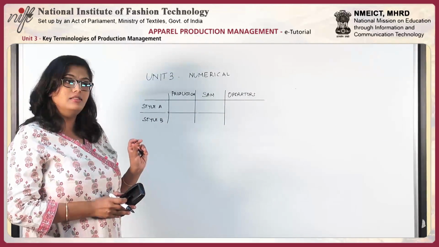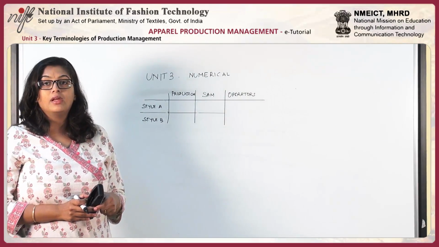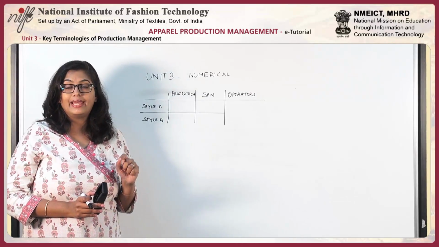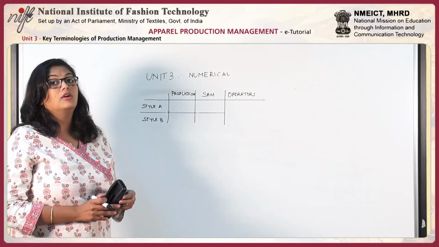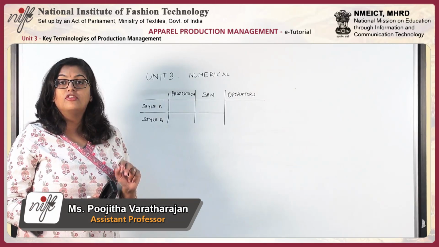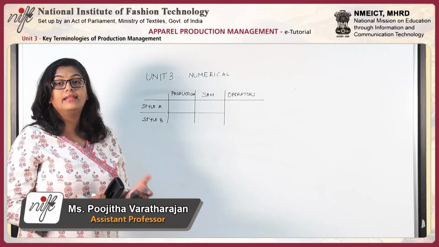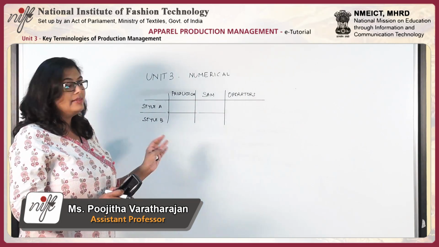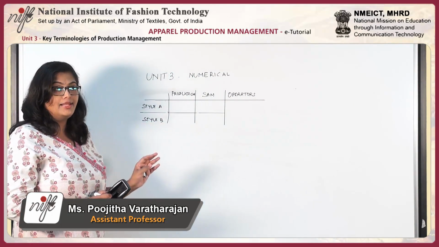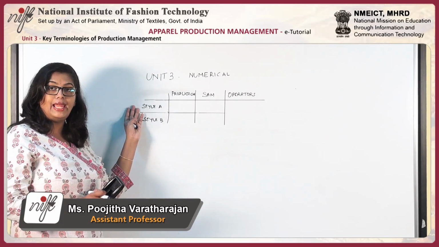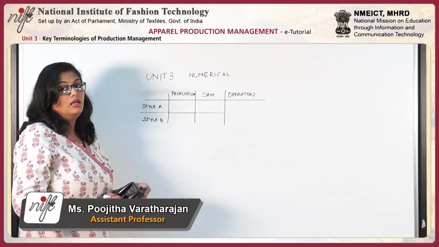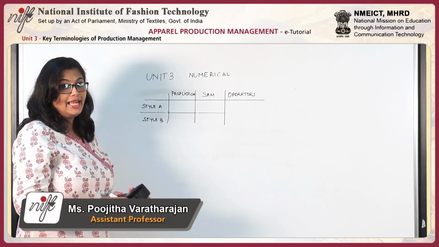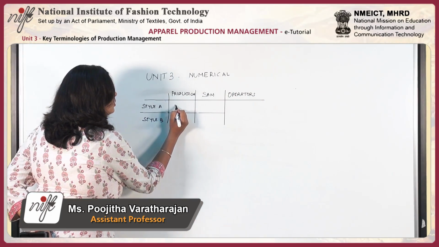Now let us look at a slightly different scenario wherein we will be calculating factory efficiency for a mixed style in the same line. Alright. So in this particular example, let's say we are talking about style A and B. Now the production for style A is 200 pieces.